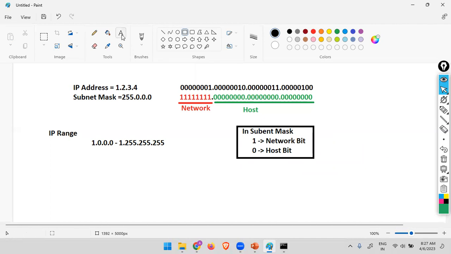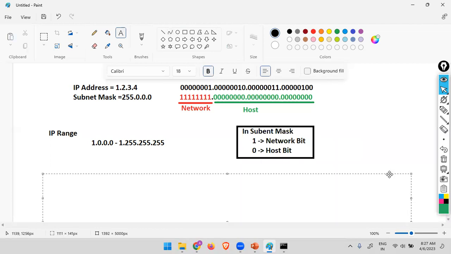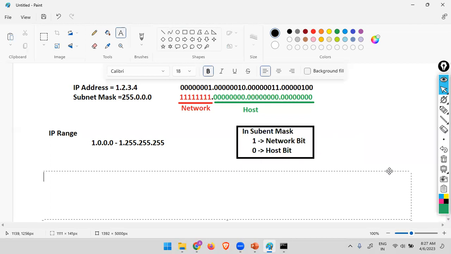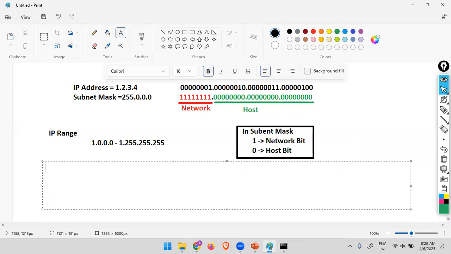Now I will create the same table again. Again, I'm saying class, then default subnet mask. Then I'll add two more things here: one is the network bit and the second is the host bit.